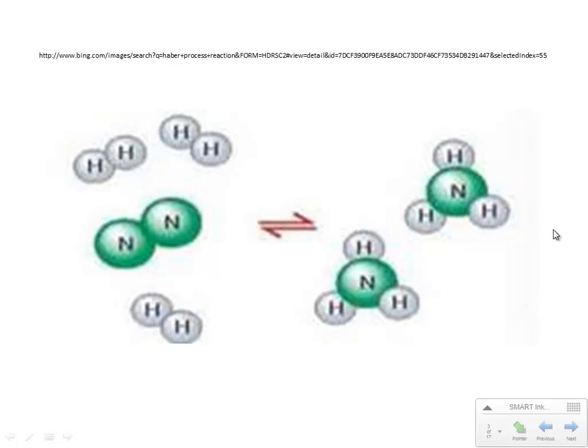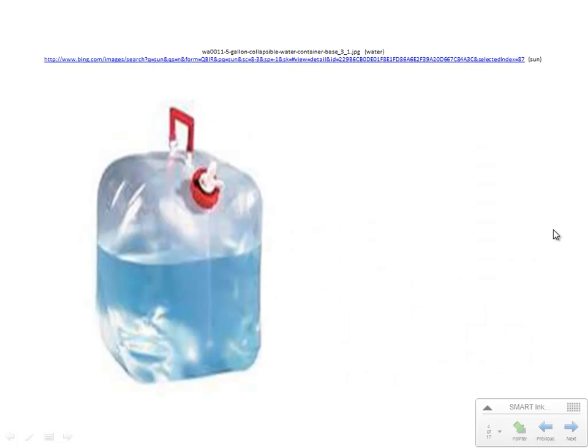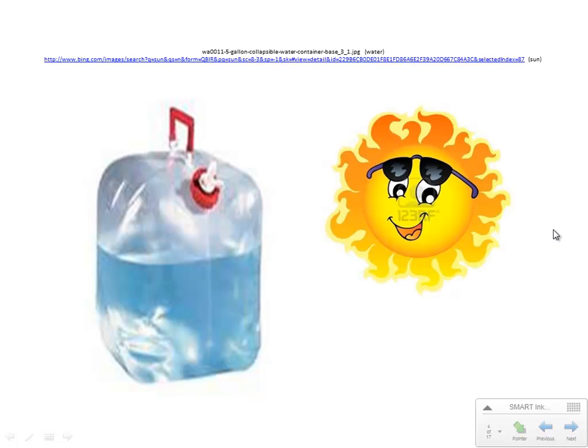For example, imagine a Tupperware full of water. If you set that water in the sun all day, eventually the processes of evaporation and condensation would reach equilibrium. They would reach equal rates. However, that doesn't mean that the amount of water and the amount of water vapor are equal. That part kind of depends on the temperature.